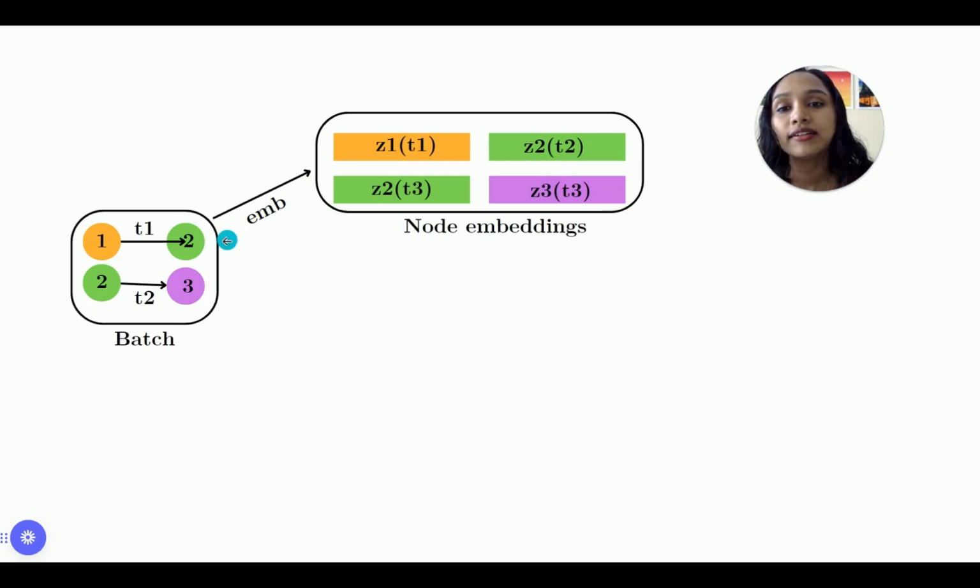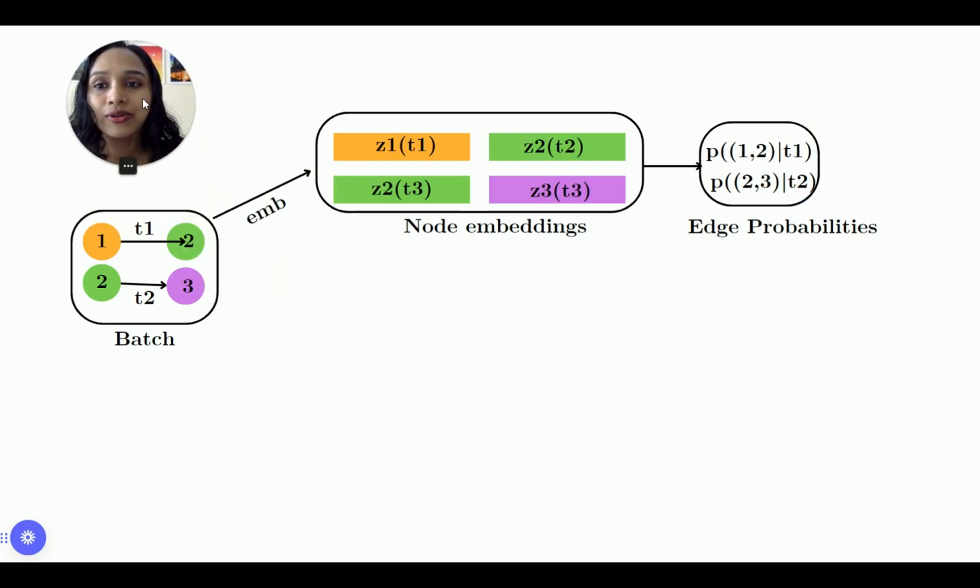Now, the embedding module computes the node embeddings at these particular time instances. So the node embeddings computed are Z1 of T1, Z2 of T1, which are the node embeddings computed at time T1, and Z2 of T2, Z3 of T2, which are the node embeddings computed at time T2.